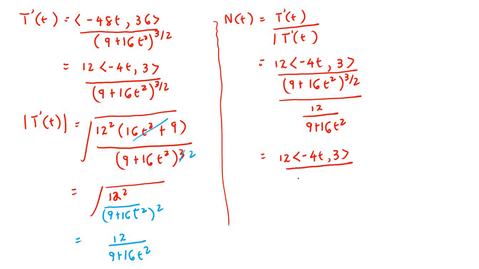Multiply, reverse it, so 9 plus 16t squared divided by 12.